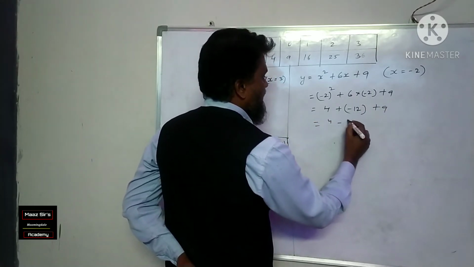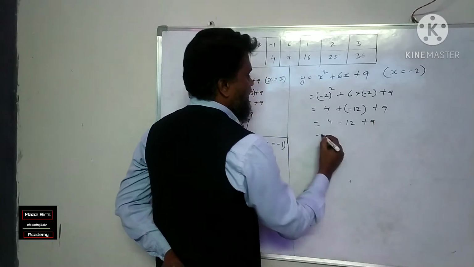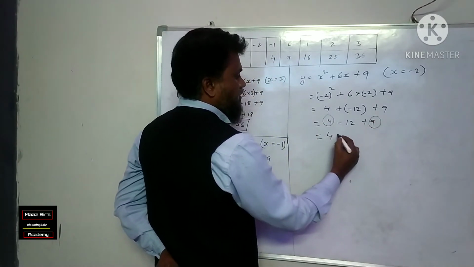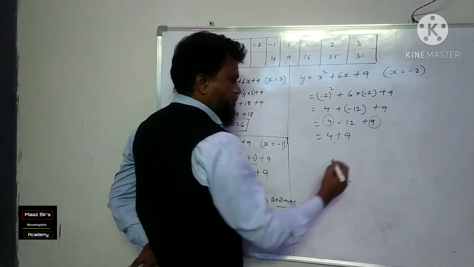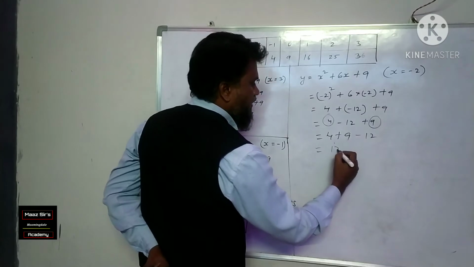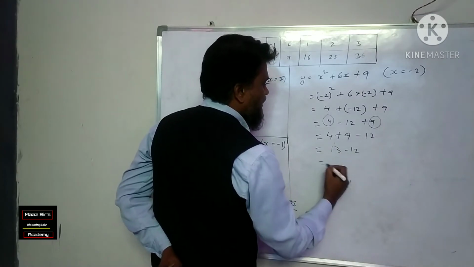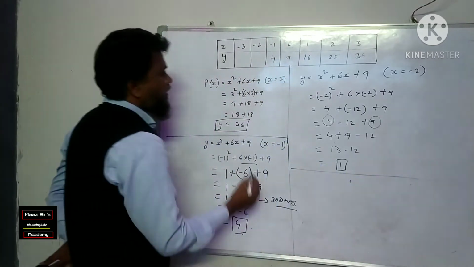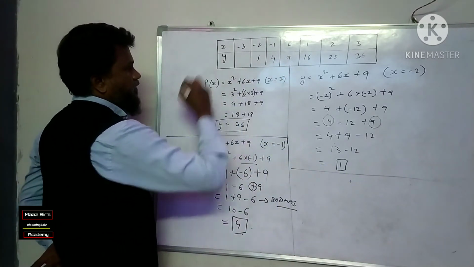So 4 minus 12 plus 9. So here plus 4 plus 9. Why? Because of BODMAS rule. Next, minus 12. 4 plus 9, 13. Minus 12. Answer is 1. So you are getting 1 here.